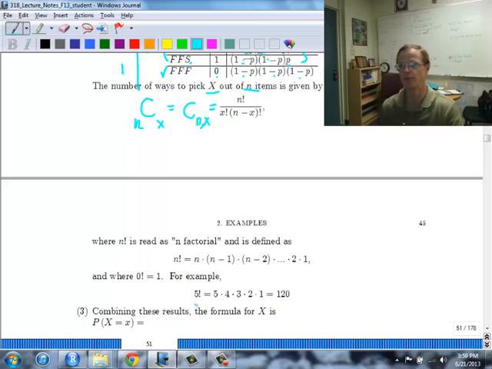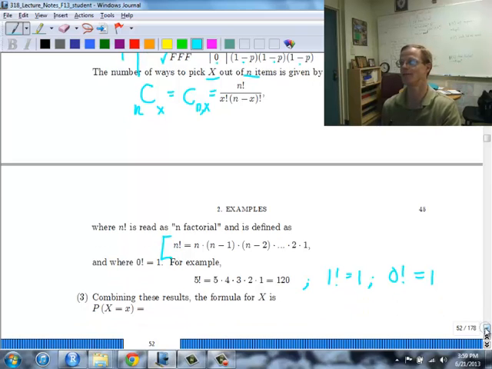For example, 5 factorial just means you take 5 times 4 times 3 times 2 times 1, which is 120. And we have the designation 1 factorial equals 1, and we let 0 factorial also equal 1. This is the general definition of it.